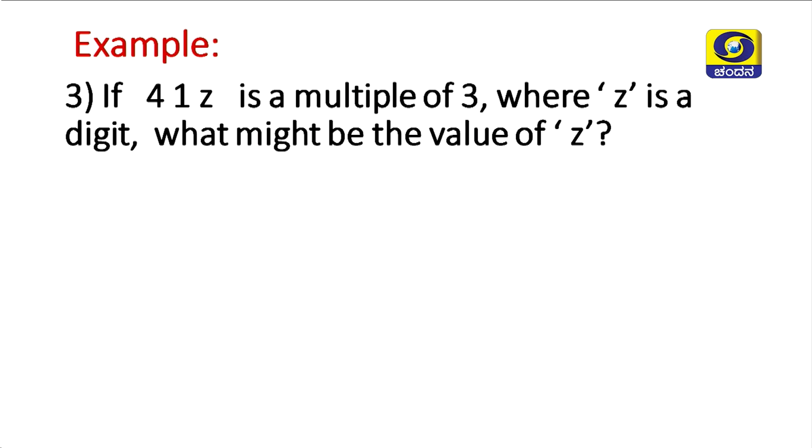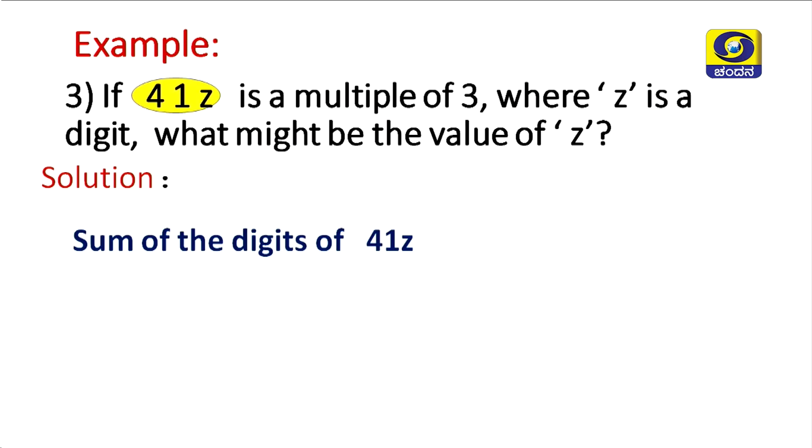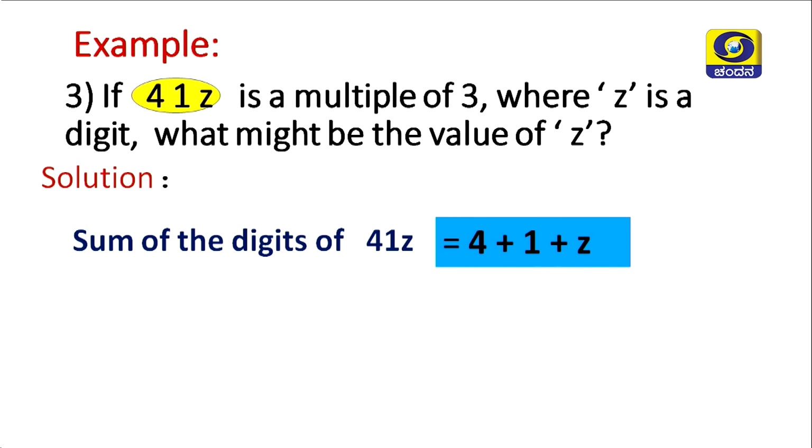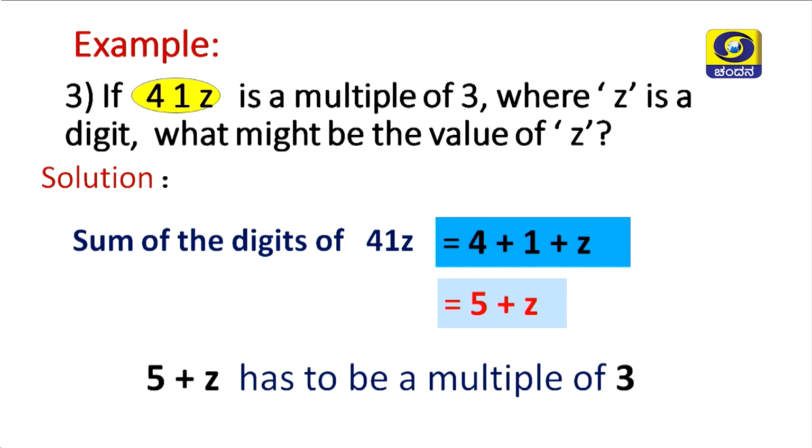Let us solve one more problem. If 41z is a multiple of 3 where z is a digit, what might be the value of z? Here, once again, we have to find the sum of the digits of the given number. Sum of the digits of 41z is equal to 4 plus 1 plus z, which is equal to 5 plus z. 5 plus z has to be a multiple of 3 if 41z is a multiple of 3.